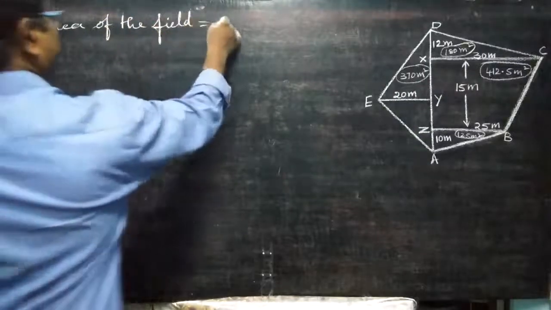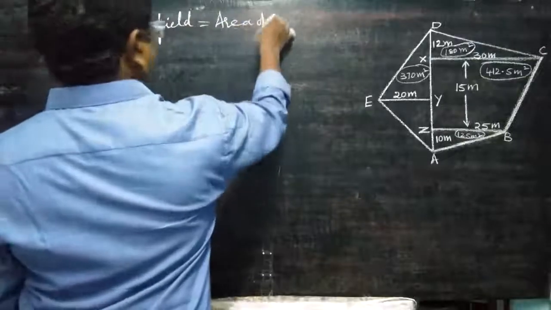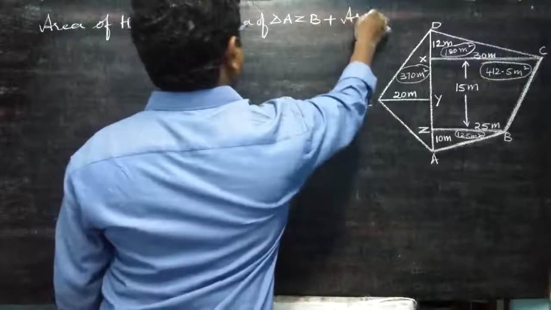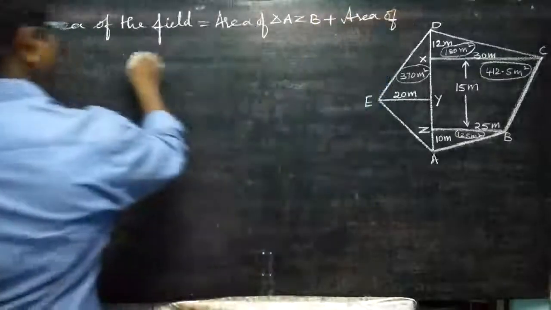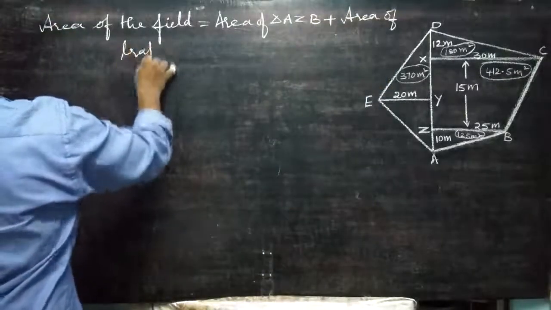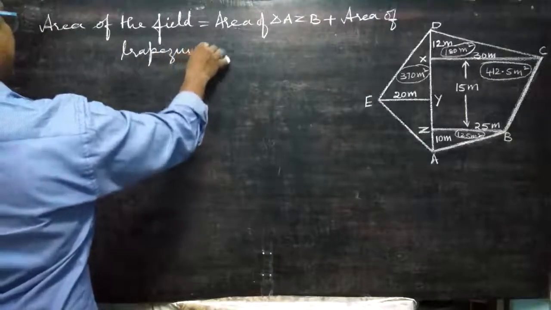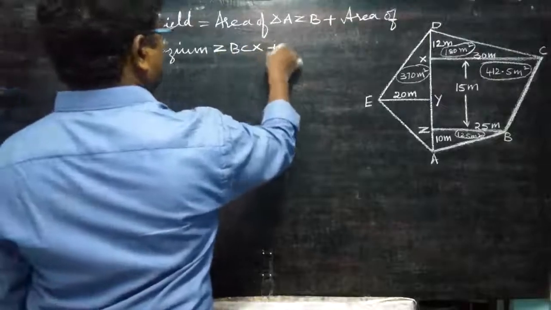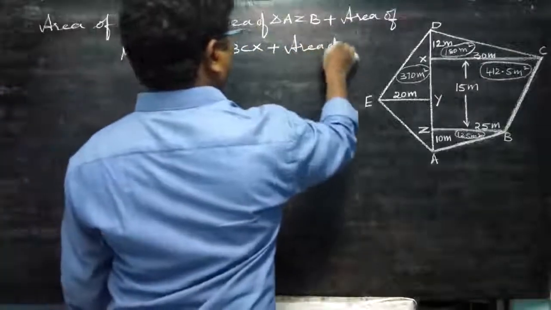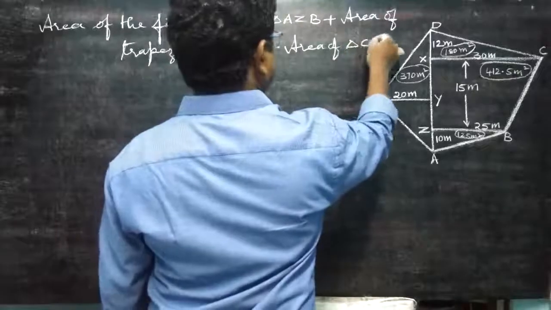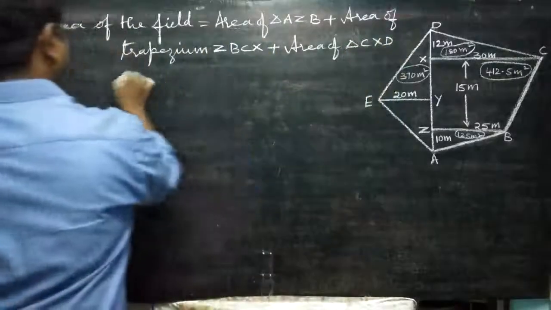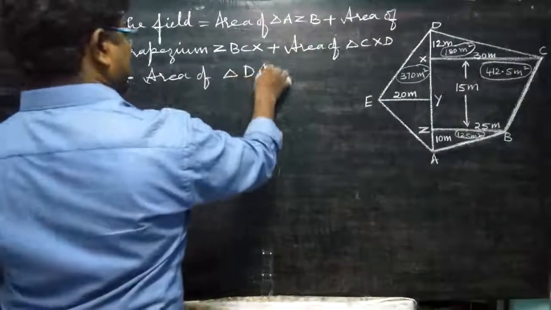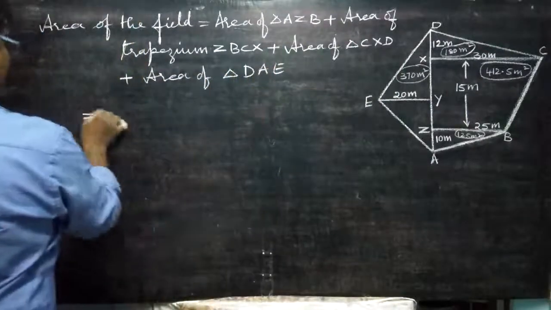It means area of triangle AZB plus area of trapezium ZBCX plus area of triangle CXD plus area of triangle DAE.